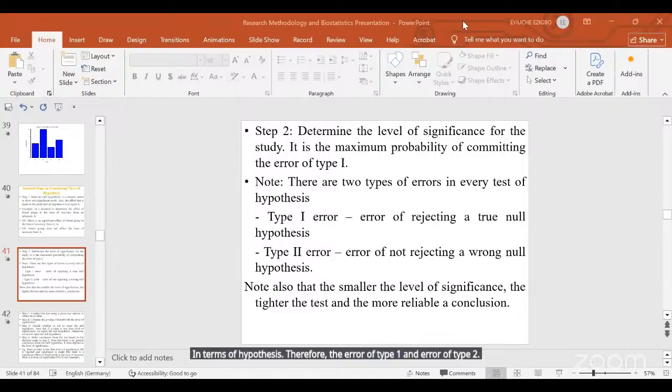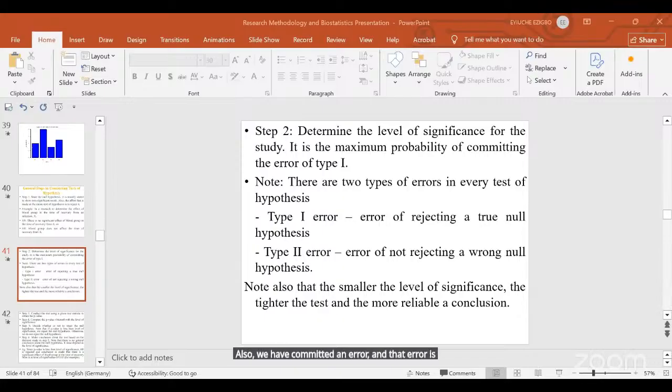Error of type 1 is when we reject a null hypothesis when it is not supposed to be rejected. That is error of type 1. We go ahead to reject a null hypothesis when that null hypothesis is not supposed to be rejected. Okay? By so, we have committed an error.